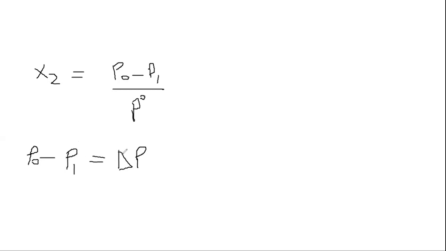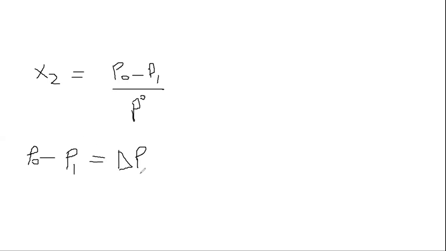this is not only the change in vapor pressure, this is called the lowering of the vapor pressure. So this is simply the change between the vapor pressure of the pure solvent and the vapor pressure of the solution.